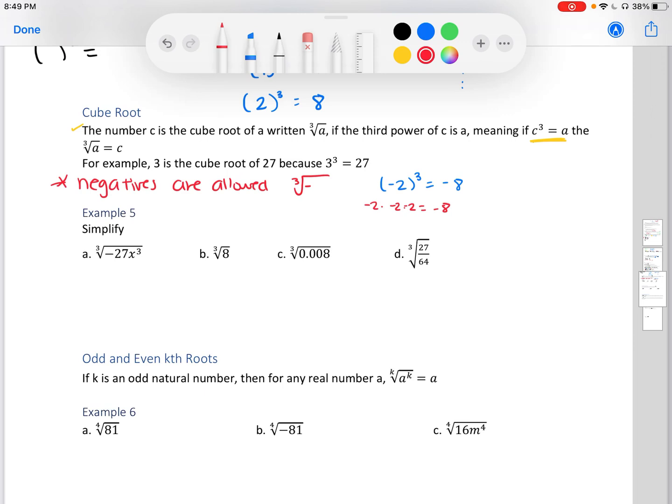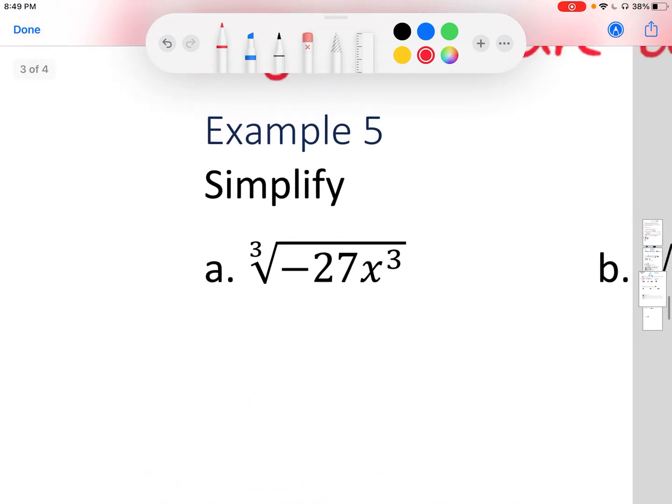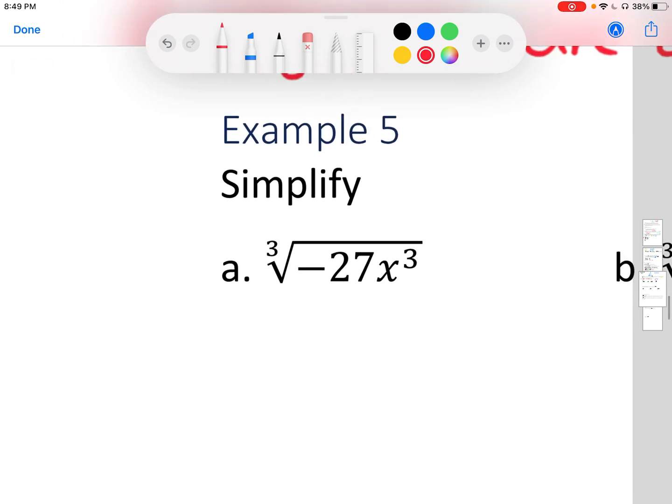Take a look at this problem. A, the cube root of negative 27x cubed. Well, we know that for negative 27, we'll just get a negative 3. And for here, we can apply a cube root property, just like we did with our square root property, where for the cube root of x cubed, the 3 and the cubic are mathematical opposites, so we're just left with x.